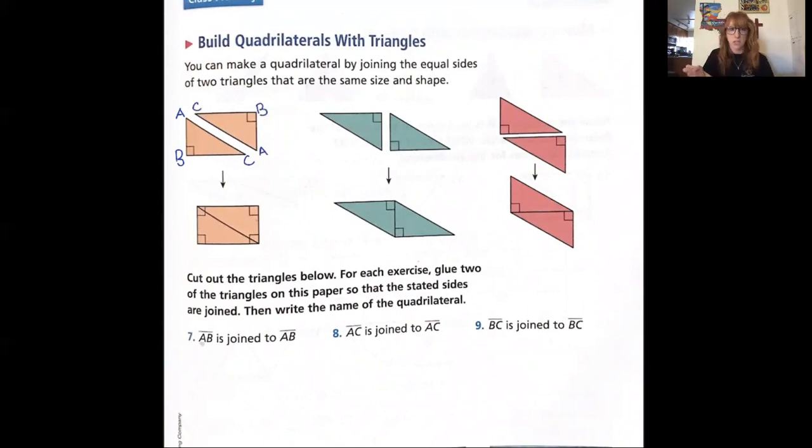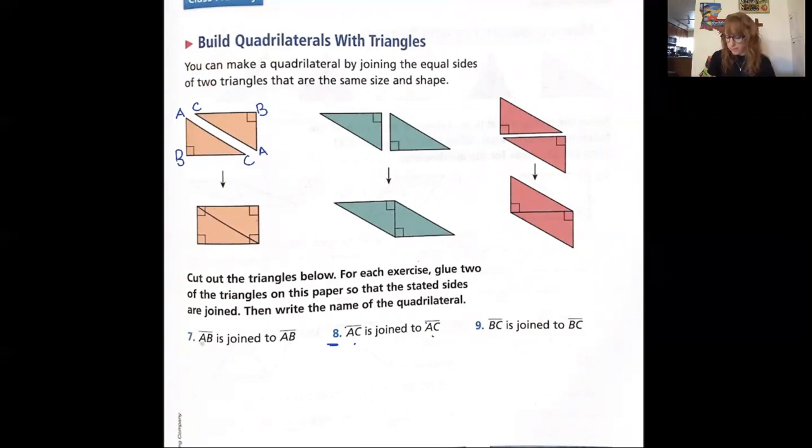Okay, so for example, number 8 says to join line segment AC with line segment AC. So we're going to take 2 of the same, they're 2 equivalent, or congruent is really the word that we use for equivalent shapes. So 2 congruent triangles, and we're going to match up the line segments that they ask us to.